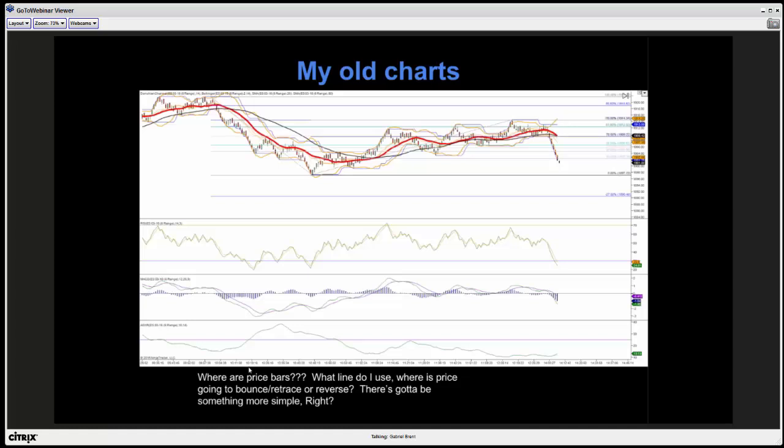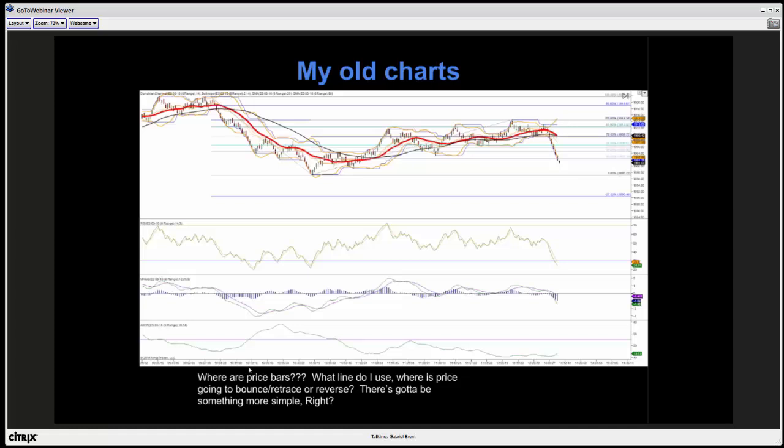So what we're going to do tonight is not how to be reactive, but how to be proactive. I took off everything I had and started off with supply and demand. I thought that was a really good beginning spot.